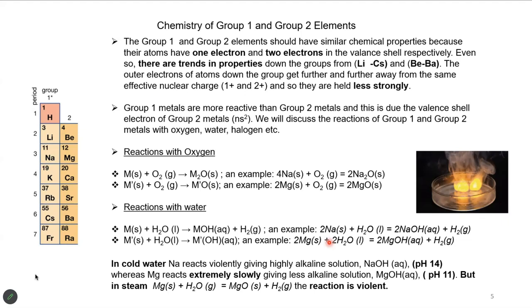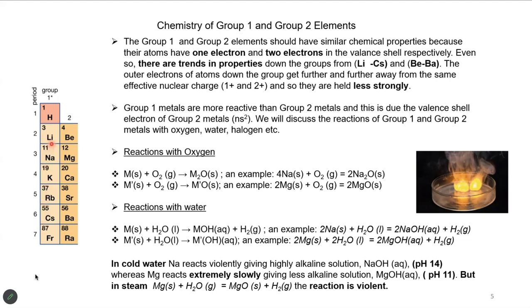Now we are to talk about chemistry. That means how it reacts, what compounds it gives us, and how the compound shows its main properties. So group 1, group 2 elements are similar in chemical properties, almost similar, I would say, because this one has got valence electron always ns1.